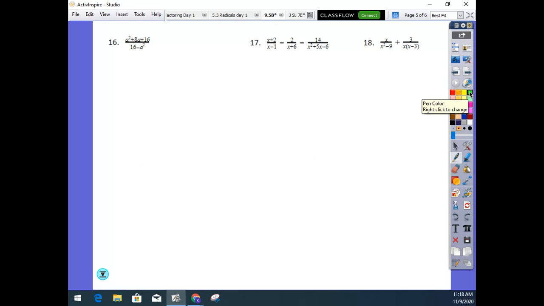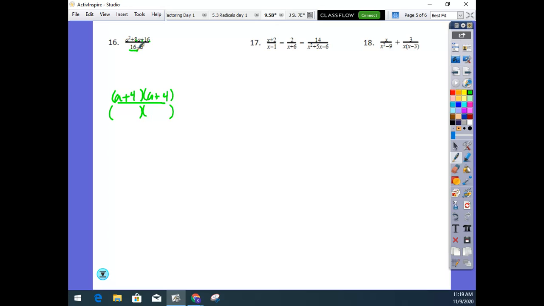All right, this one isn't a multiply, add, subtract, nothing. It's just a basic, plain old simplify. Factor the top, factor the bottom. Factors of 16 that add to get 8, plus 4, plus 4. Difference of squares.